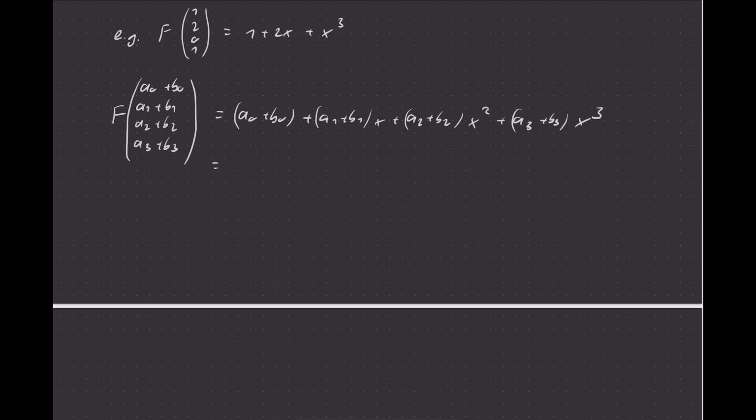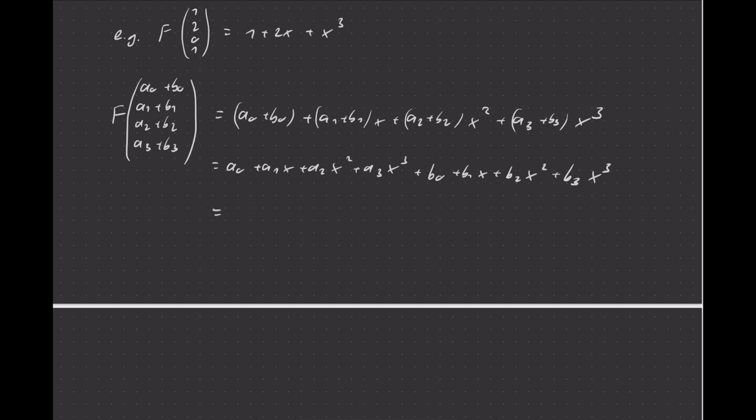So let's collect all the A terms and all the B terms separately. Then we have a0 plus a1x plus a2x squared plus a3x to the third. And for the B terms, b0 plus b1x plus b2x squared plus b3x to the third.